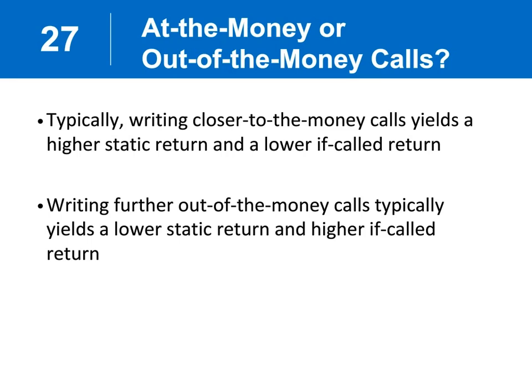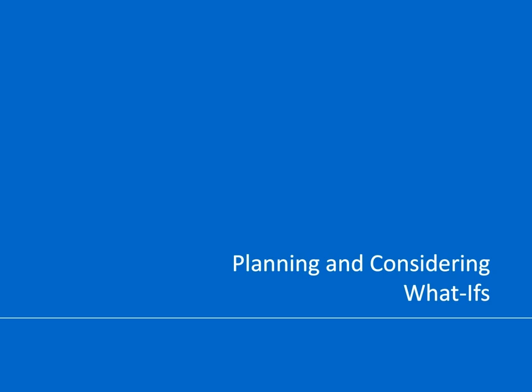On the flip side of that, if you're leaning more bullish, say you're less neutral and you're more slightly bullish, then you might lean towards selling an out-of-the-money call option because that gives you the opportunity to profit on the upside with a stock move higher. So there's a difference between static and if called, and it highlights what the difference is between strike prices that you sell and may give you some insight and help figuring out what strike price you want to incorporate into your covered call trade.